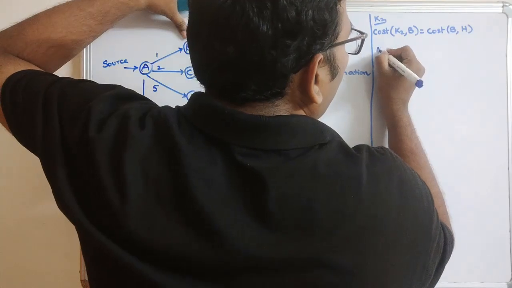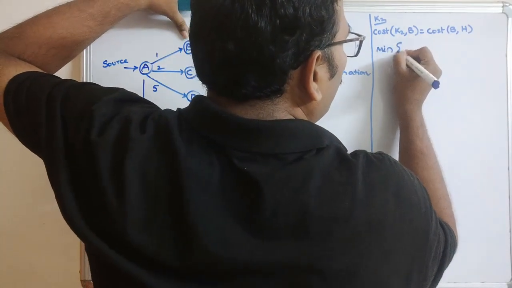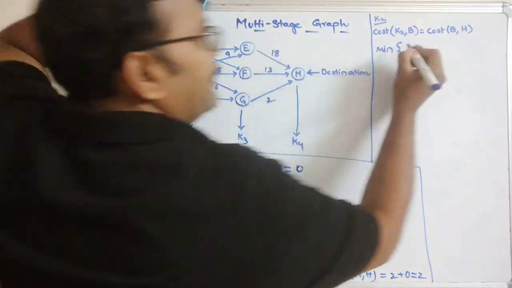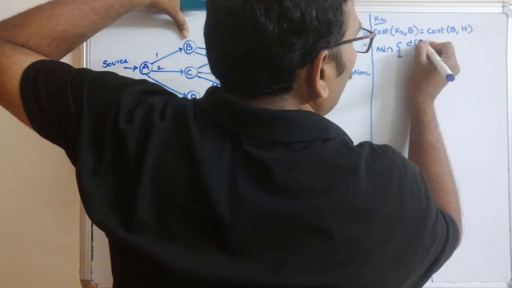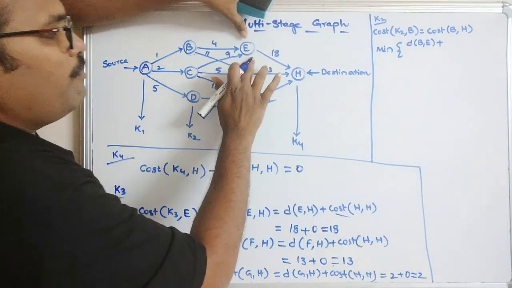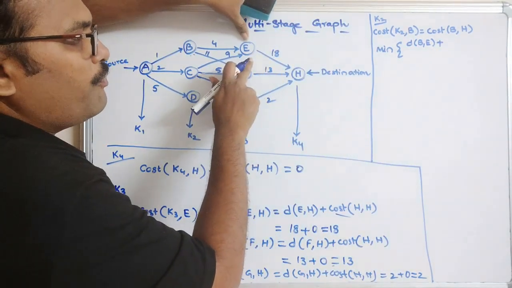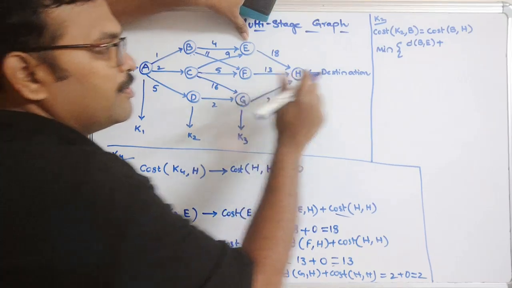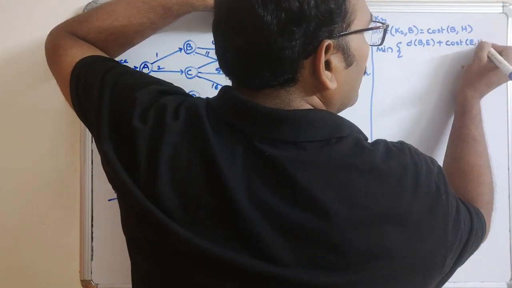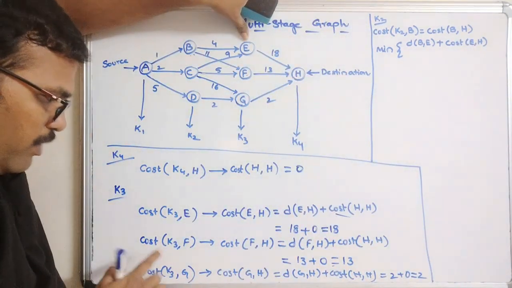So minimum of the distance of B comma E plus, now we are at E, so we need to find out the cost of E comma H, which was already found here, see.